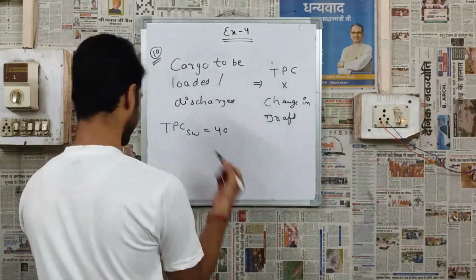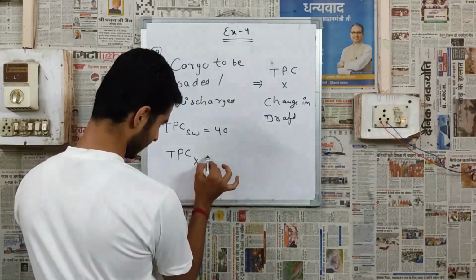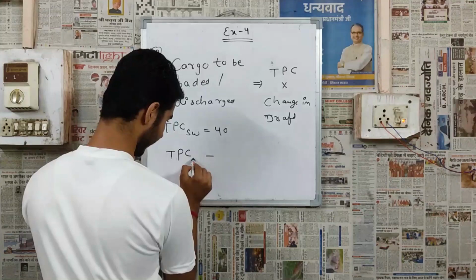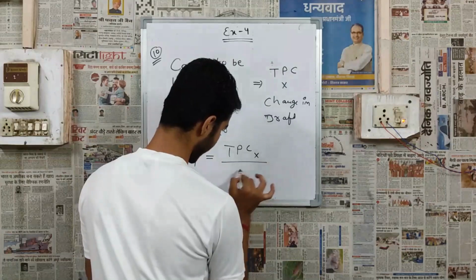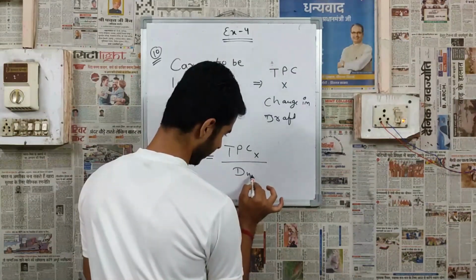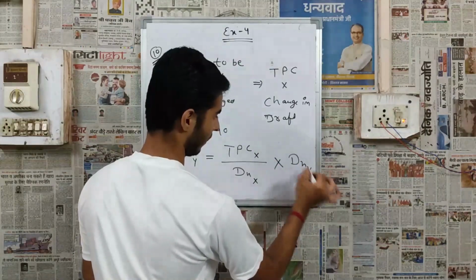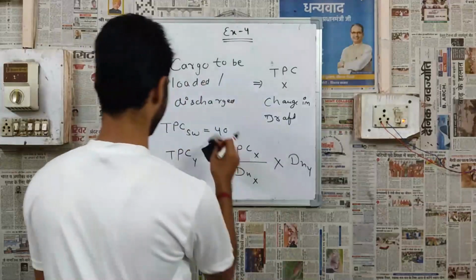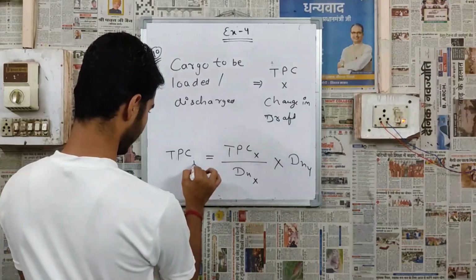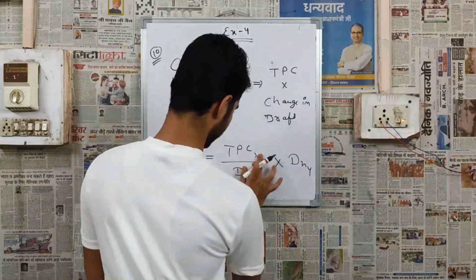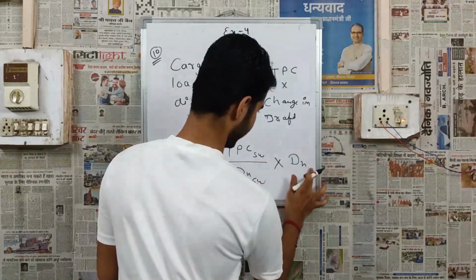So again we are going to use the formula: TPC Y is equal to TPC of X divided by density of X multiplied by density of Y. In this condition, Y is dock water and X is salt water.